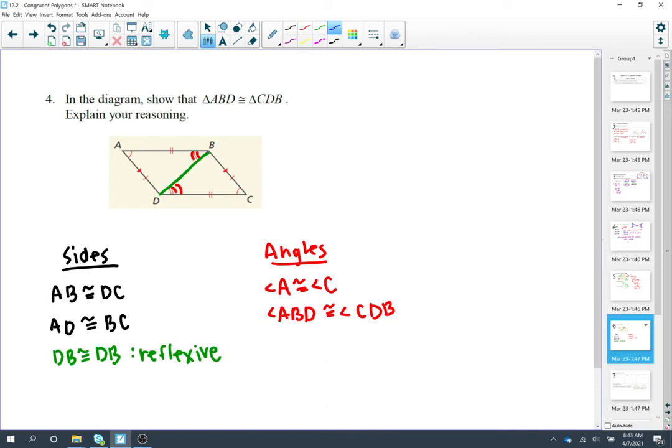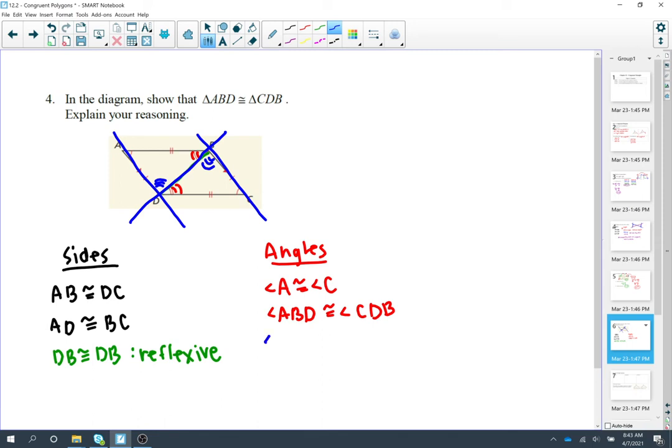Now, the last angle we need is this angle and this angle. And they're not marked, but we have to prove it. So the way we're going to prove it is because these two lines are marked as parallel. So two parallel lines cut by a transversal, we have alternate interior angles.